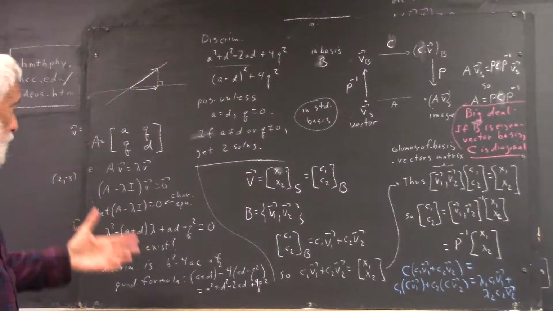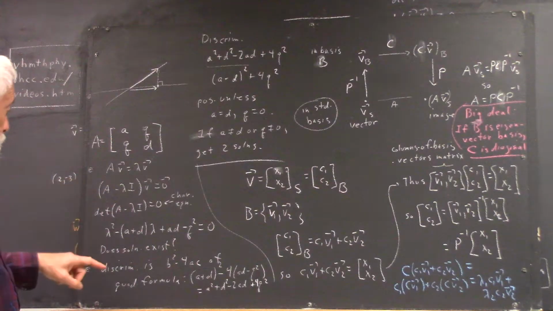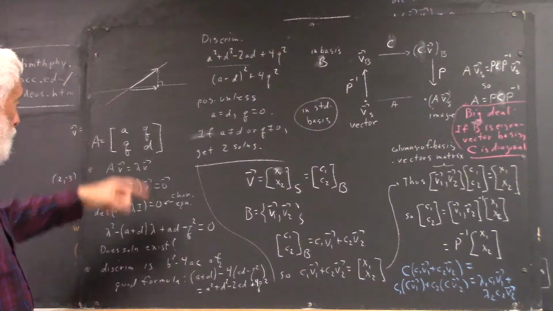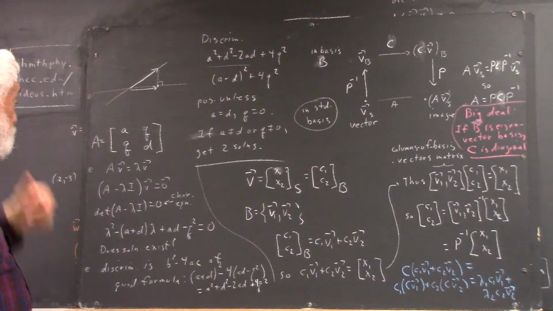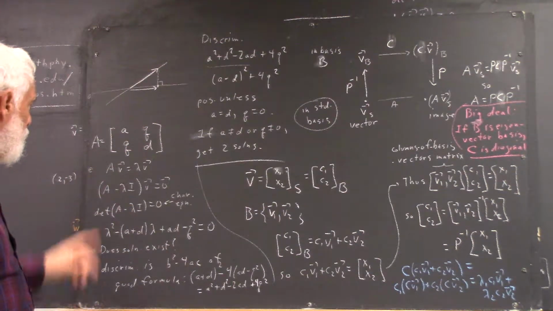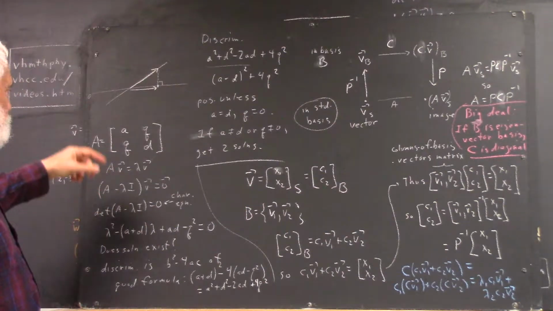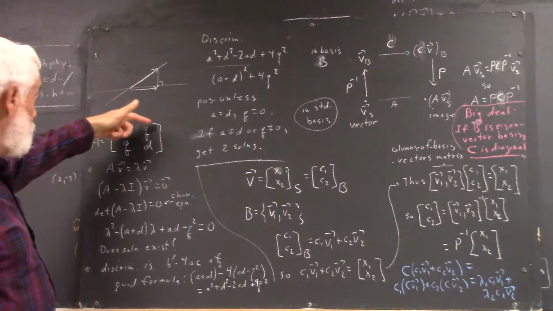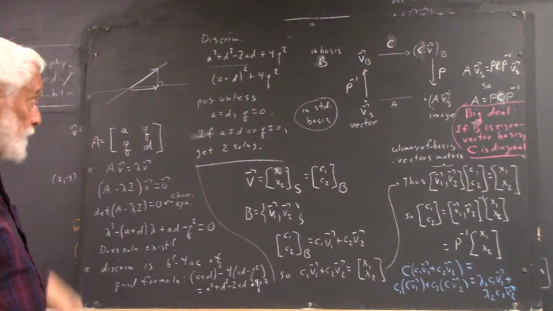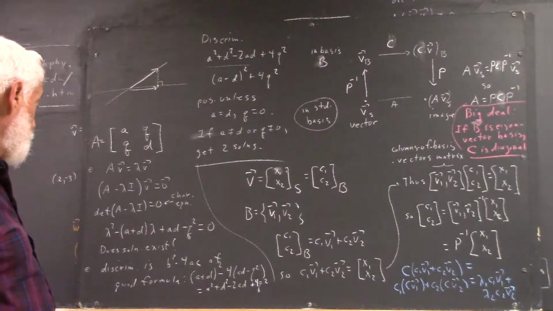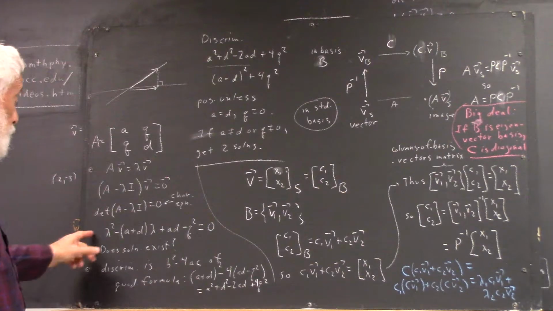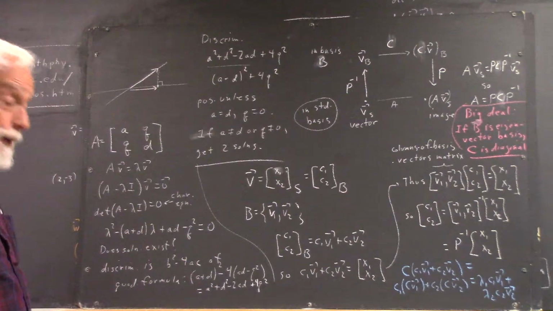Well, determinant of this matrix is, you can easily calculate it, it's AD minus Q squared. I'm sorry. A minus lambda I is A minus lambda, Q, Q, D minus lambda, and you can verify that the determinant of that matrix is what we have here. Very straightforward. Okay, then, does a solution to this equation exist?